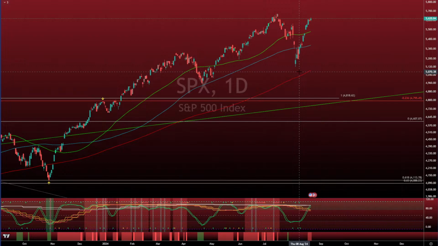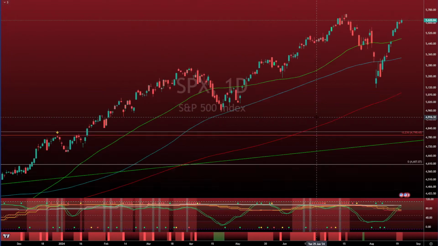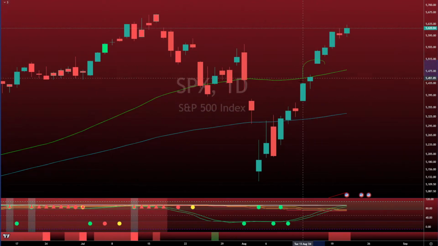Let's just go ahead and continue to talk here about that 50 moving average and the 100 moving average. So I'm hyper-focused right now on the 50 daily simple moving average because it's an important moving average. We've seen that there was some support here. We're back up above it. And the interesting thing about this, and if I can just zoom in here for just a moment, we had a nice gap above that 50 simple moving average.